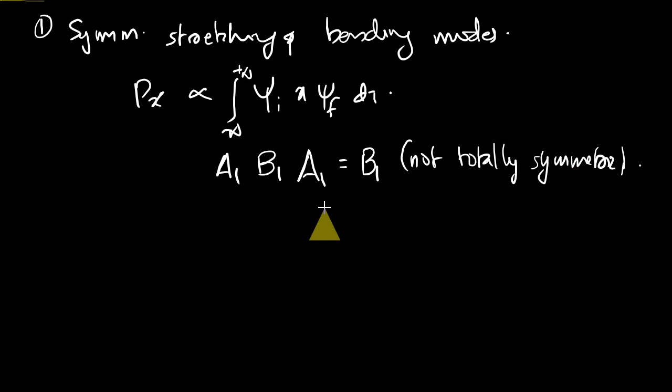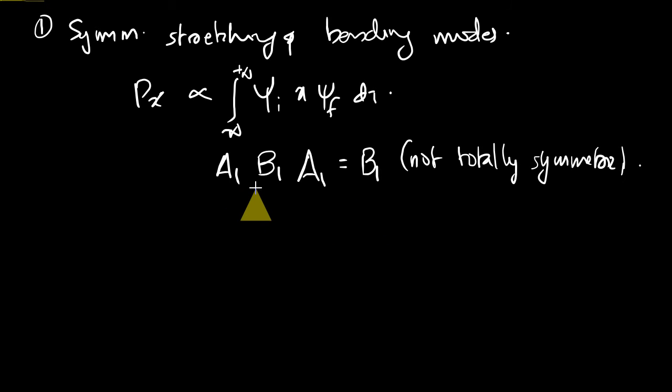Now this is an important result. This integral will be 0 if the direct product of A1, B1 and A1 gives you a representation which is not totally symmetric. We studied this in direct product representations, right?